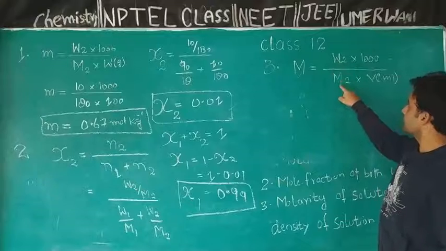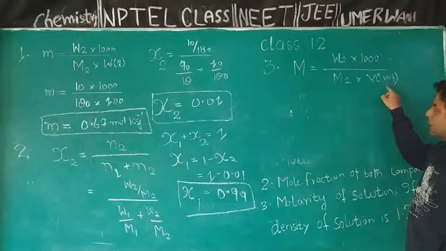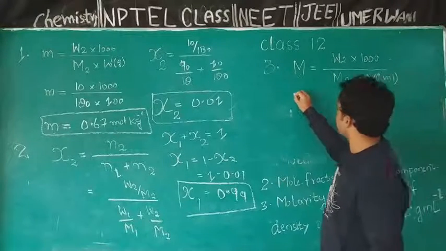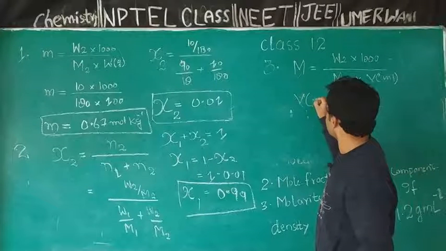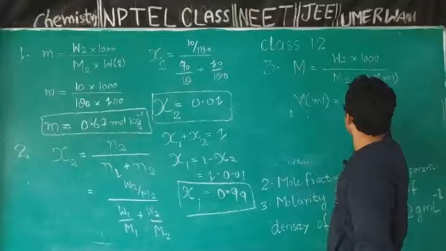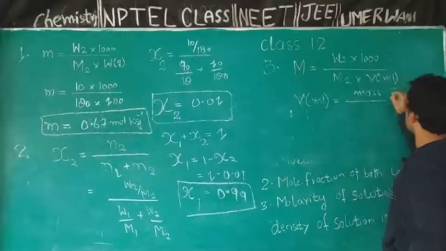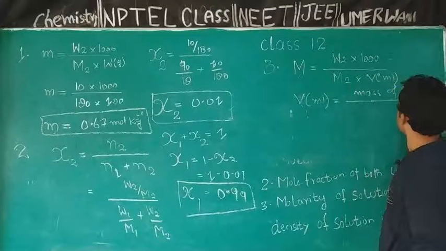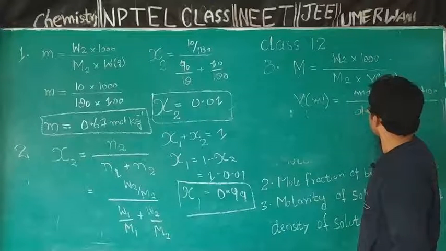W2 is known to me, M2 is known to me. I have to first find volume of solution in ml. Volume of solution in ml will be equal to mass of solution by density of solution.